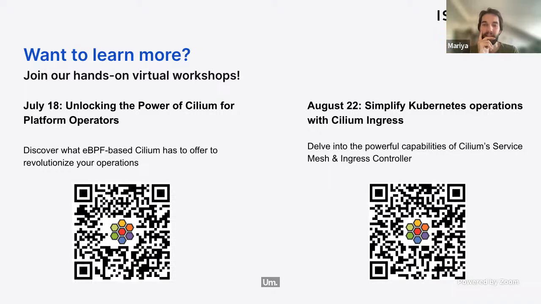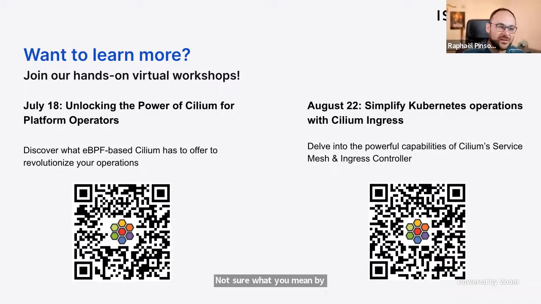So then the next question, can Cilium support Gateway API management? If yes, then how is it different from Kong? I'm not sure what you mean by Gateway API management, or do you mean API gateway management? Because this is a common mix-up, and it's fully understandable, between Gateway API and API gateway.